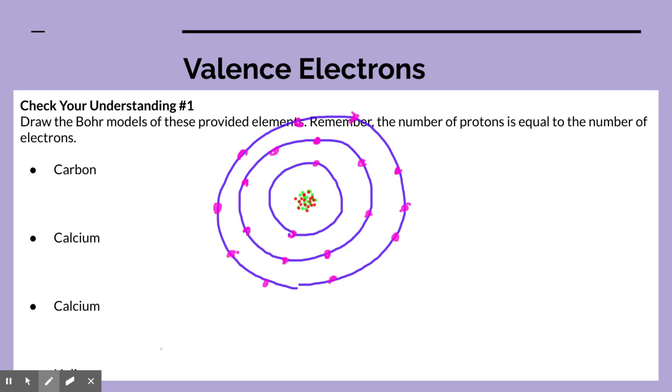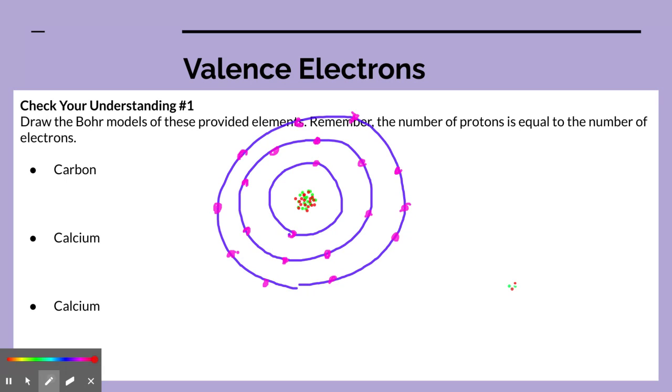Real quick, I need to see what that last one is because I can't see it on my screen. Helium. Helium is the last one. So helium here, he's a little bugger. So here we've got 1, 2.